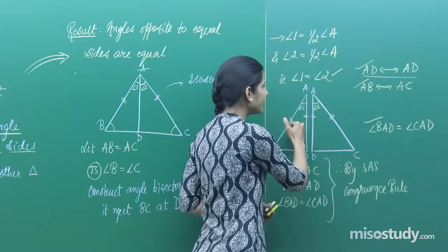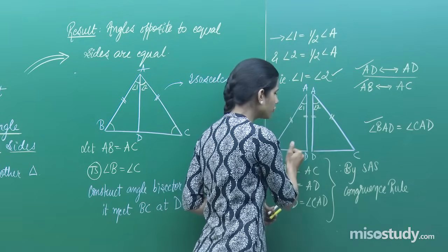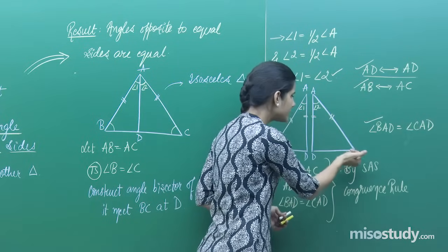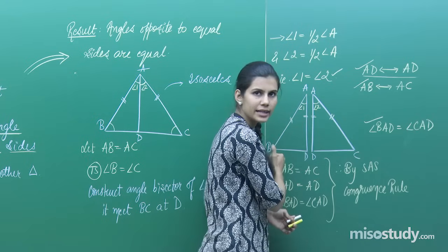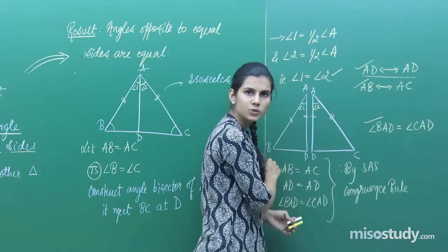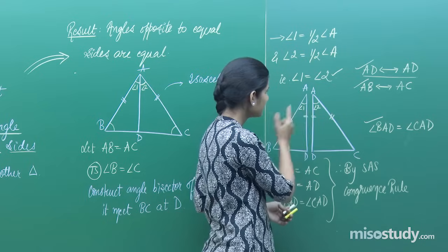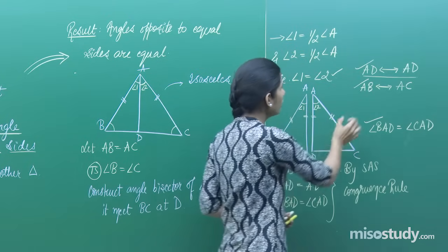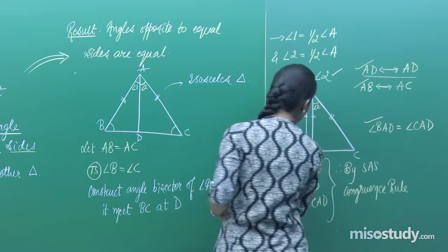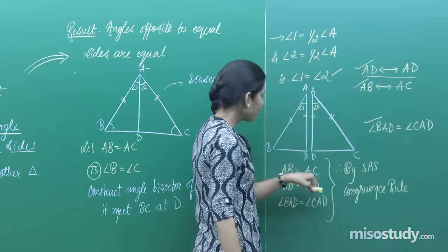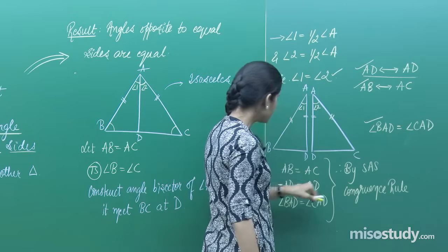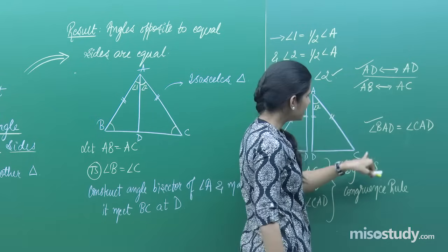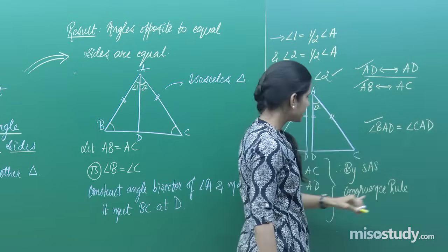For AD side to be covering AD side, A should fall over A, D should fall over D. So automatically C should be made to fall over B. You are left with one vertex that will be associated with this one, right? That is the case. Because AB was equal to AC, you know that these two are corresponding sides. AD was equal to AD, so these are corresponding sides, these are corresponding angles.